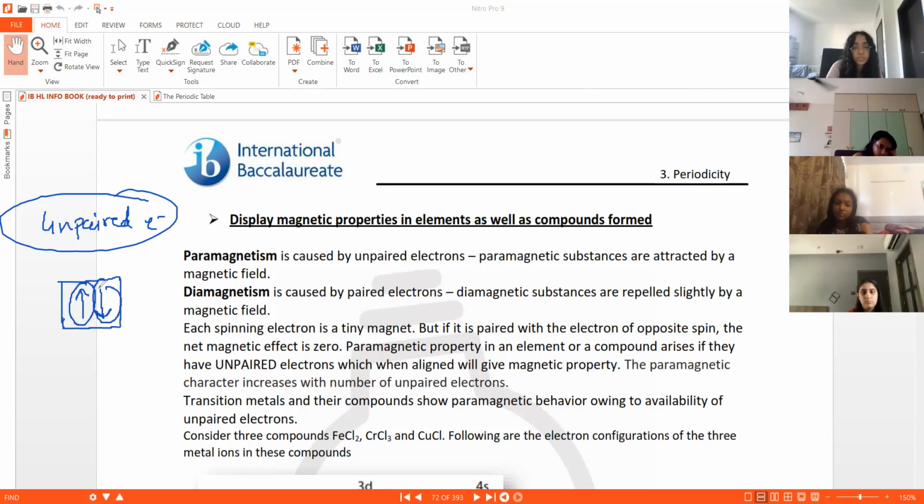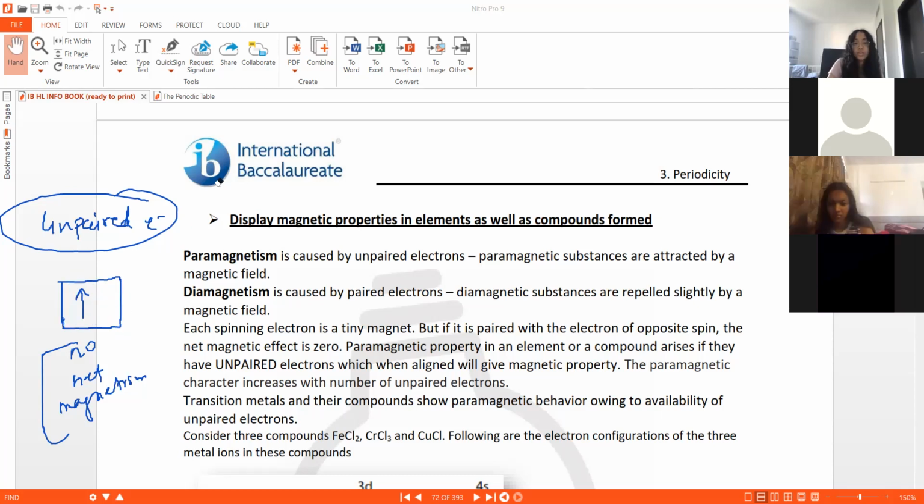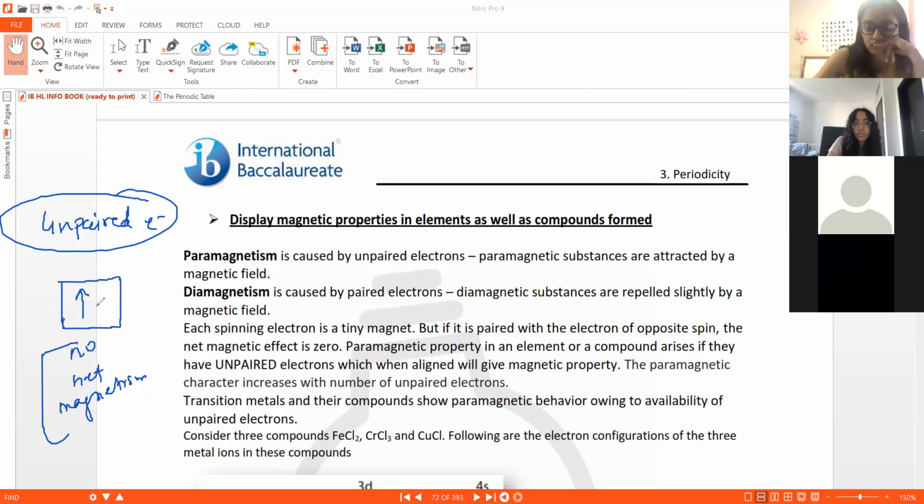So that will cancel out. Overall, the orbital will have no net magnetism. If it's a paired electron, there is no magnetism shown. So if magnetism has to be shown, it has to be an unpaired electron only. The reason for magnetism is unpaired electrons.